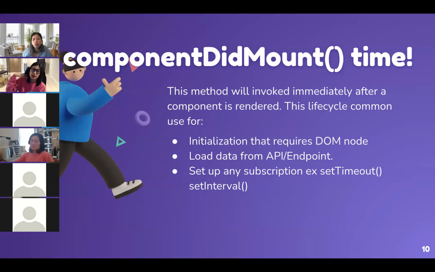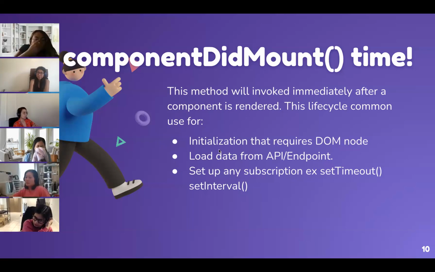So that's why we want to load the API in didMount, because usually we just want the first time, and after that it maybe depends on the user action, right? Or like set up a subscription when the web just starts, or the component just mounts the first time. And before it unmounts, we want to unsubscribe, so it won't run in the background.